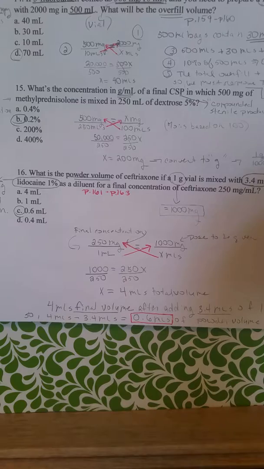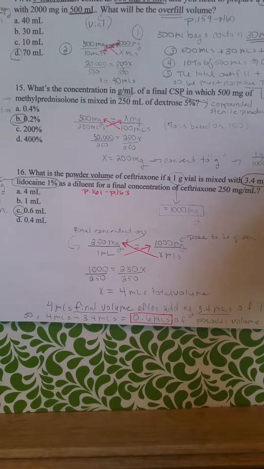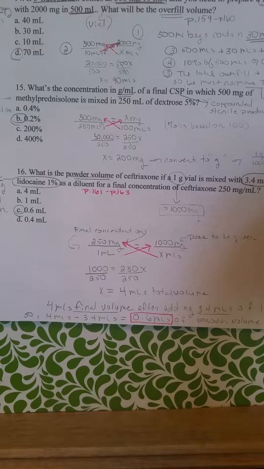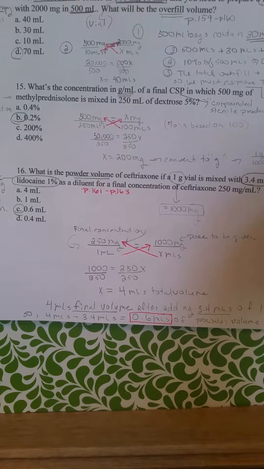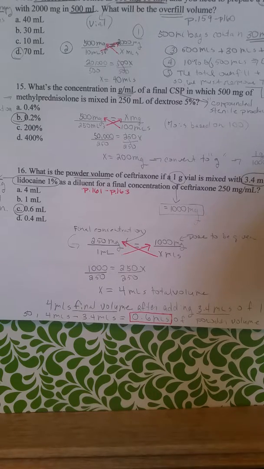So we have 500 milligrams in 250 mLs equals how many milligrams in 100 mLs? That's going to give us our percentage because it's based on 100. When you multiply that out, 500 times 100 gives you 50,000 equals 250x. Divide both sides by 250, and that's going to give us 200 milligrams.